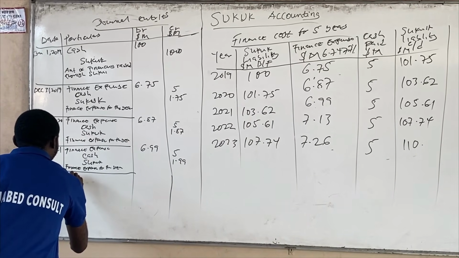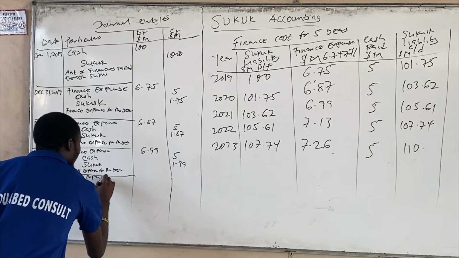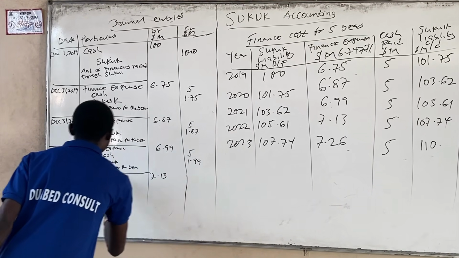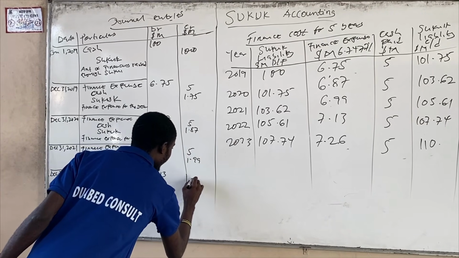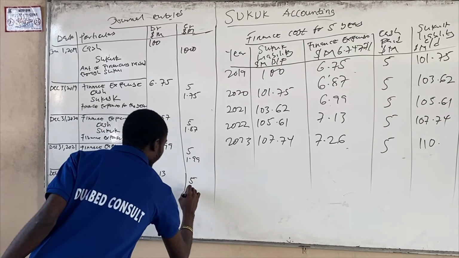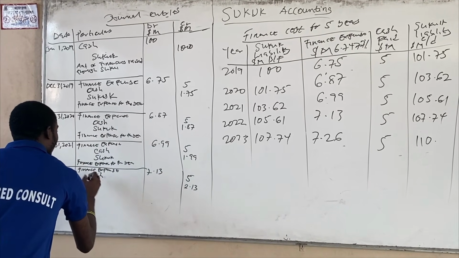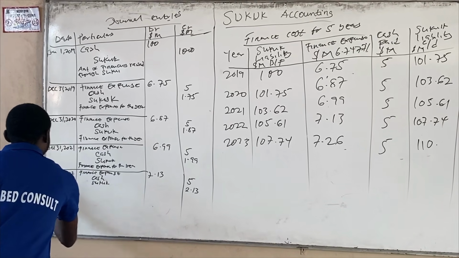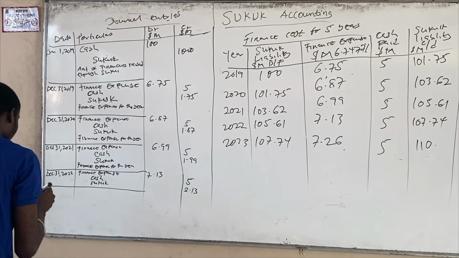So, finance expense 7.13. And credit to cash account, they made cash payments. And then the difference will be credited to the Sukuk account. And then you write your narration as finance expense for the year.